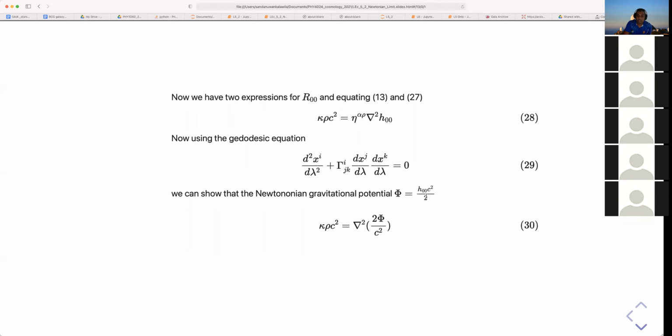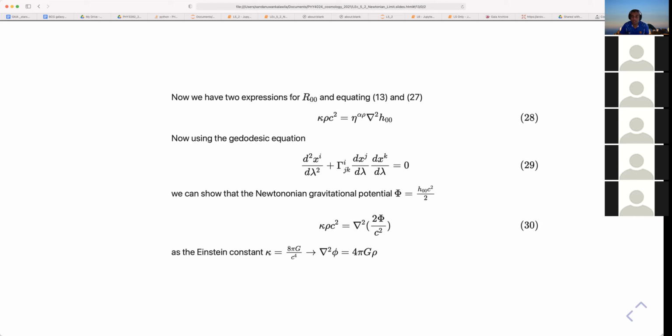And then you can take h00 as 2 phi over c squared and plug it here. Right now, when you have the Einstein constant kappa equal to 8 pi G over c to the power 4 and plug it here, what will happen is you will end up with this equation: grad squared phi equals 4 pi G rho.